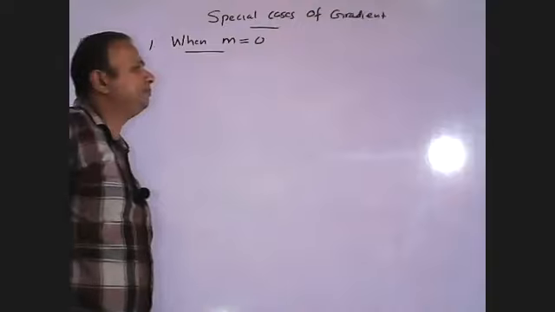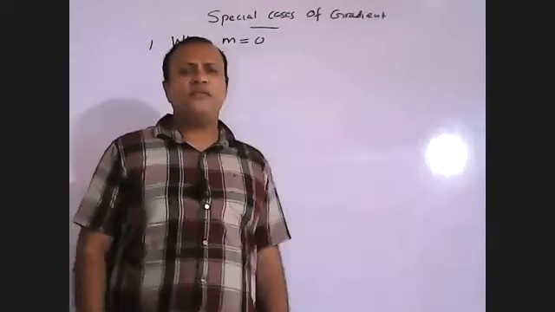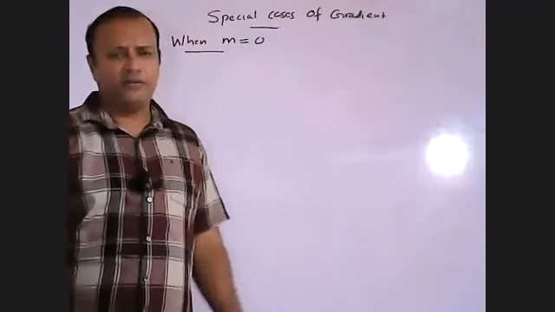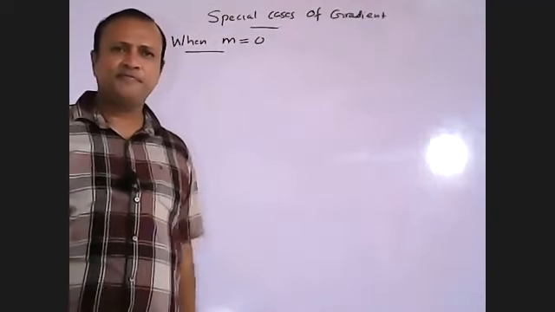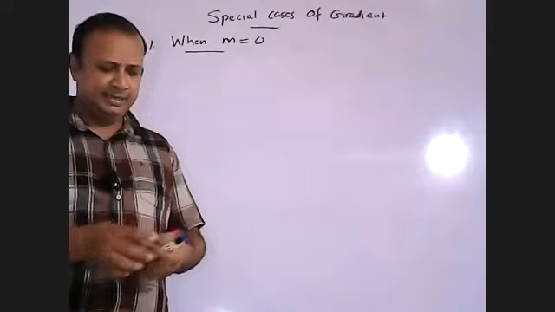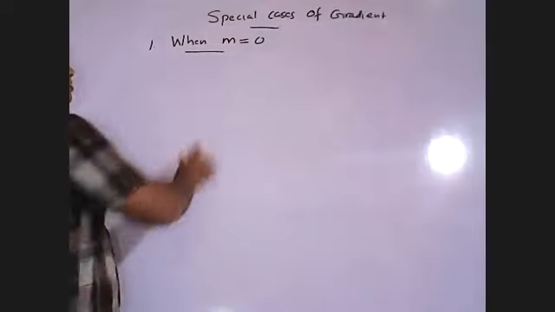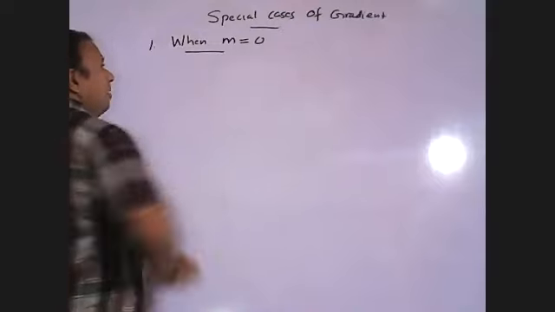If the gradient is 0, then the shape of the graph is, we have to determine the shape of the graph.